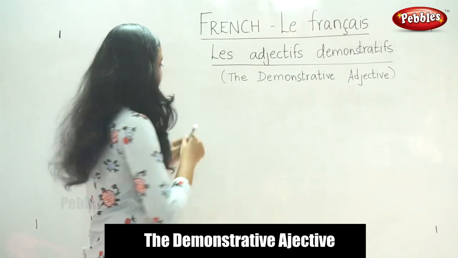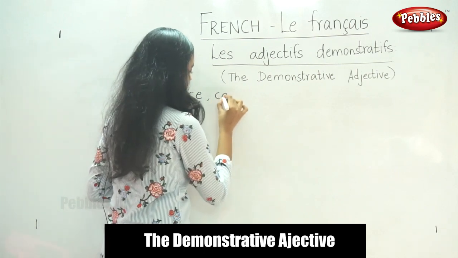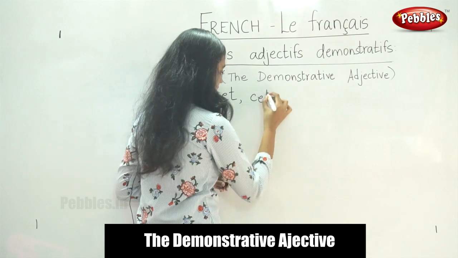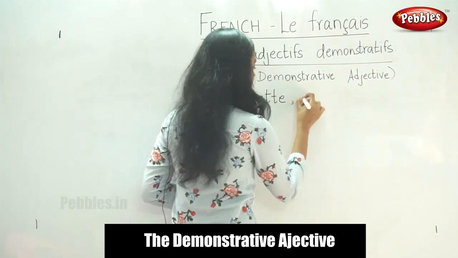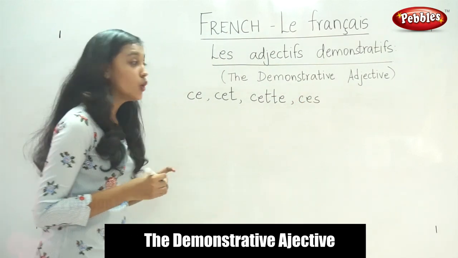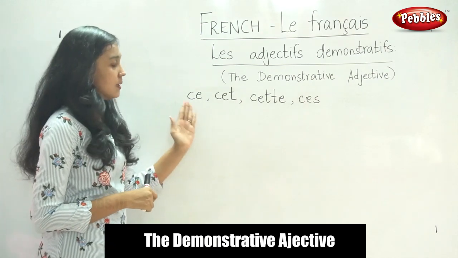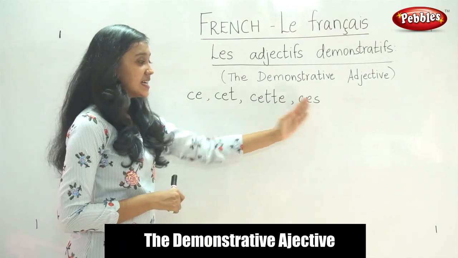We use either ce, cet, cette or ces. So these are the four demonstrative adjectives we use in French: ce, cet, cette and ces.